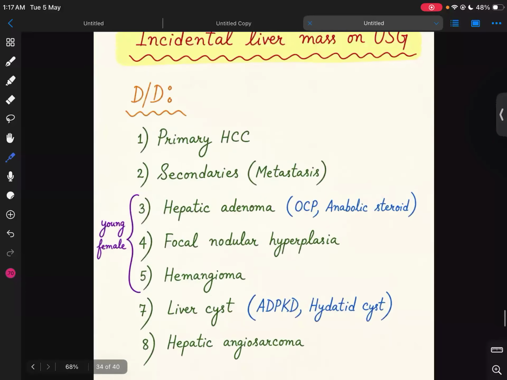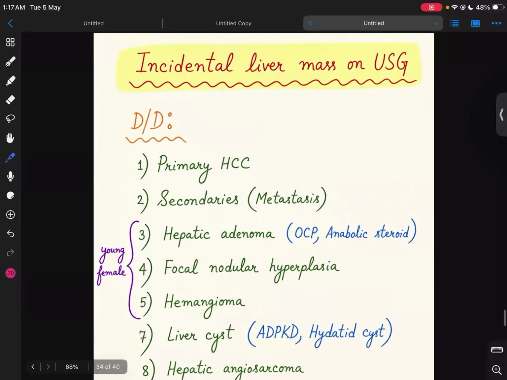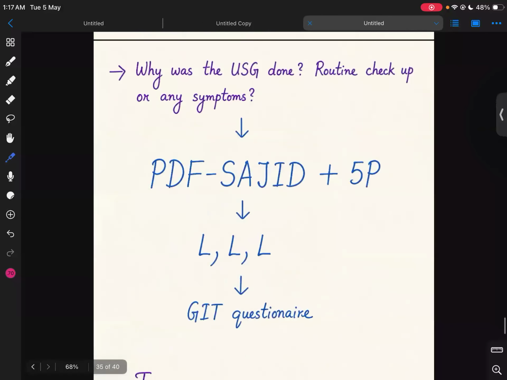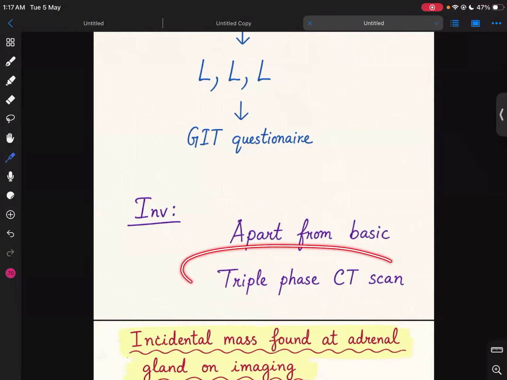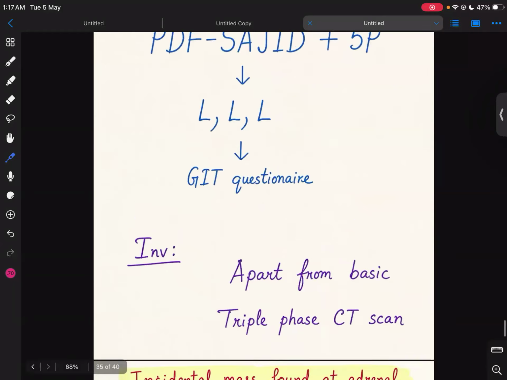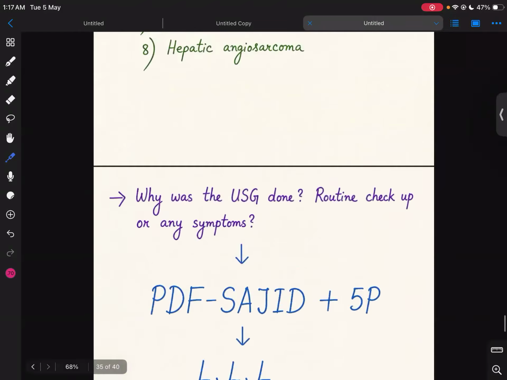But whenever you are mentioning the investigation for this prompt, never forget, apart from basic, triple phase CT scan, because this is the investigation by which you can differentiate benign from malignant. Sounds clear to all the doctors?